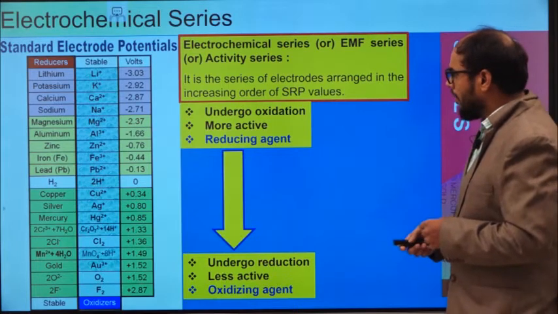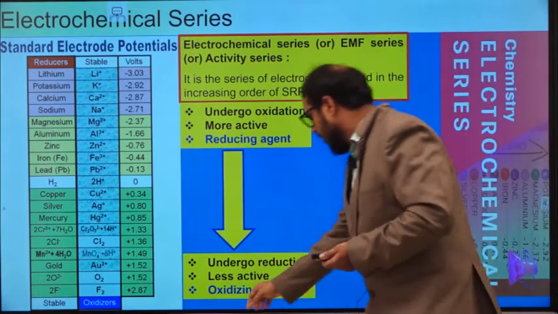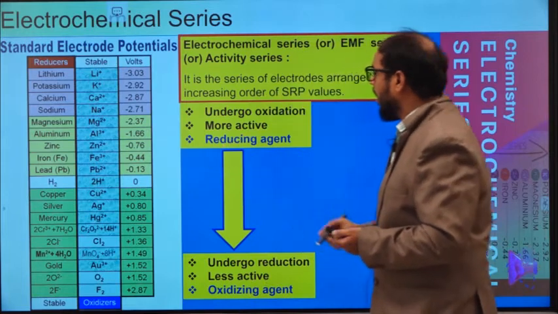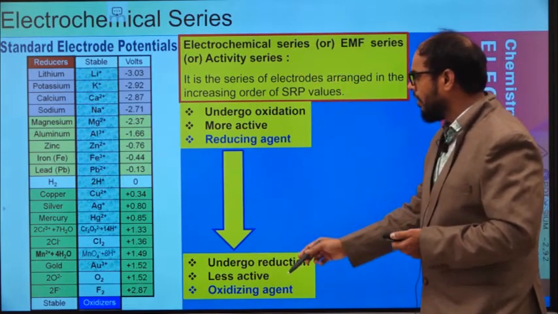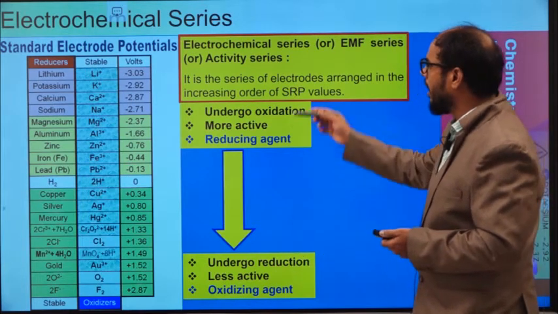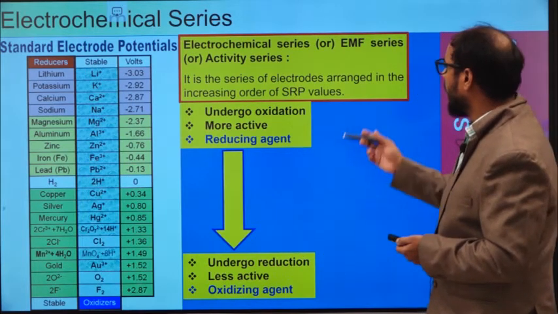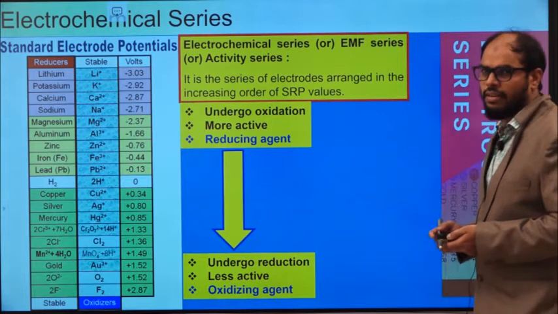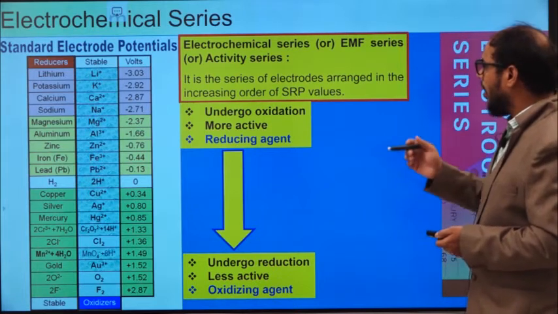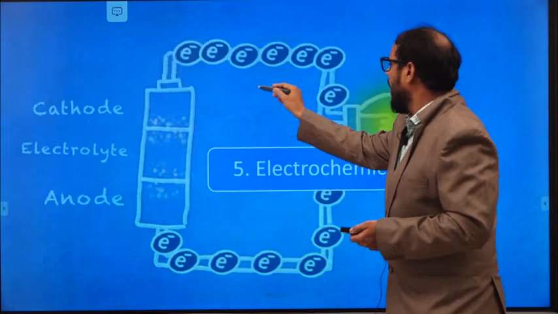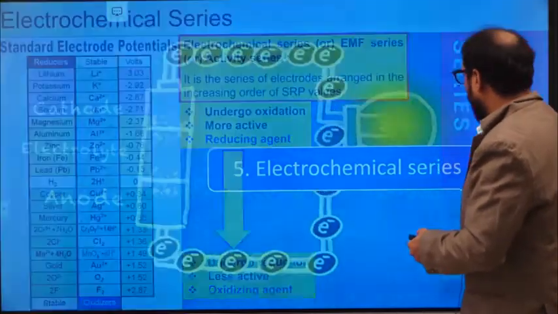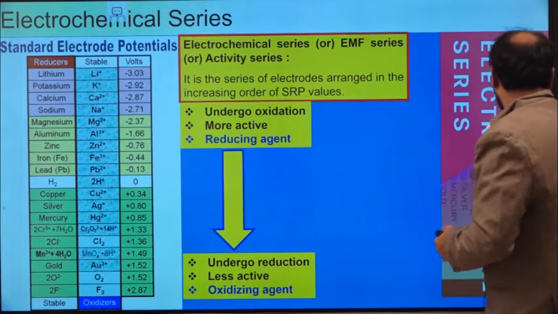Whenever we have this arrangement of electrode potential in the increasing order of their values, then we call it electrochemical series. So electrochemical series is also called the activity series, where all the elements are arranged in the increasing order of standard reduction potential.